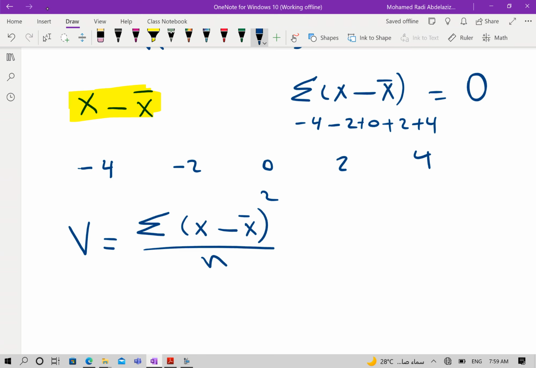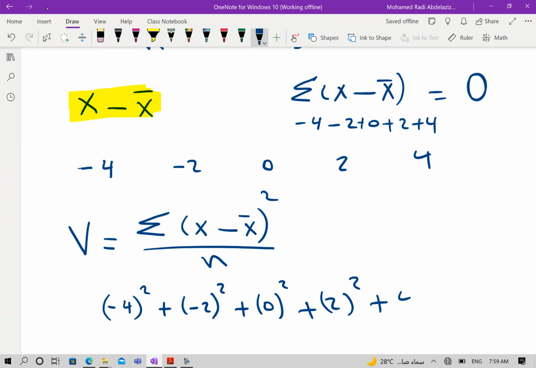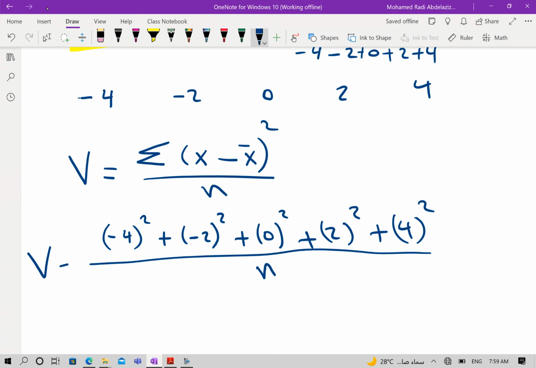We already have the values of x minus x bar. Square them: negative 4 squared plus negative 2 squared plus 0 squared plus 2 squared plus 4 squared, divided by n, which is 5. This is called variance.